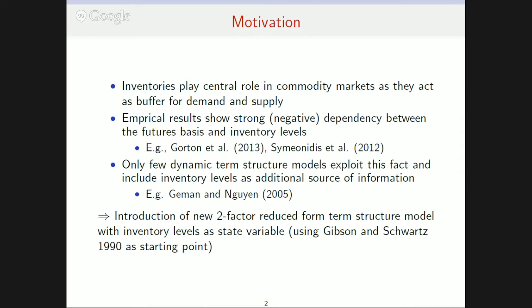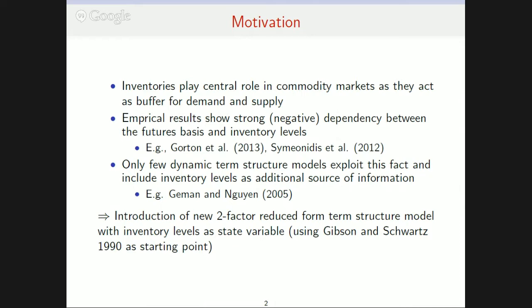So this is the motivation why we say let's try to use this fact. We have this empirical observation from the authors that inventories are significantly explanatory for the futures basis. So let's use this fact for asset pricing as well, and let's see if we actually can improve the out of sample properties of such a model.